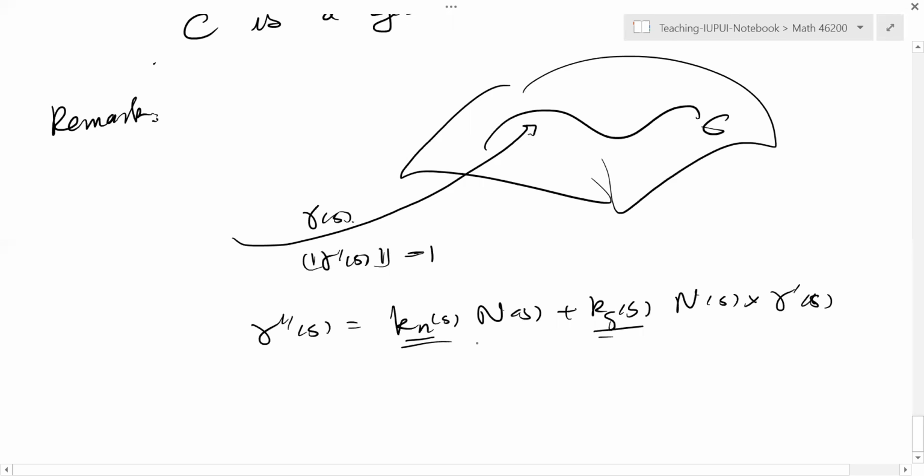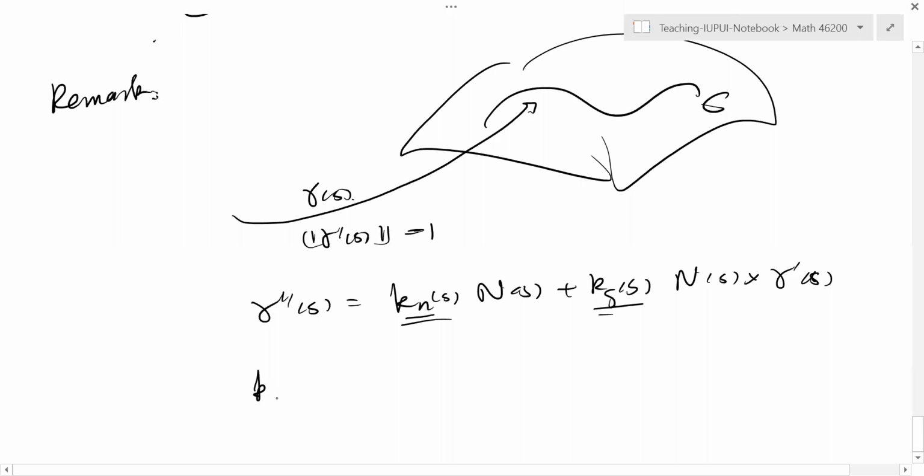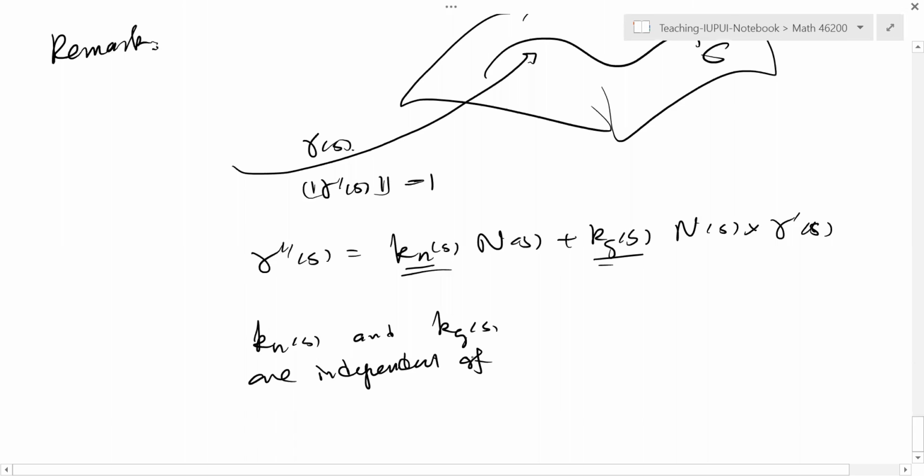These two numbers are independent of the choice of parameterization gamma.